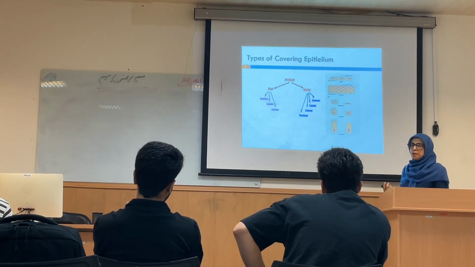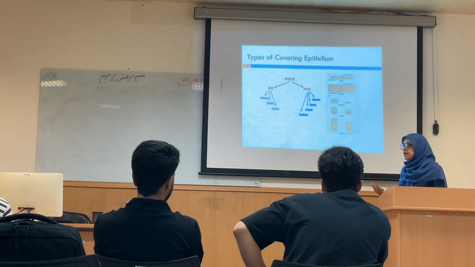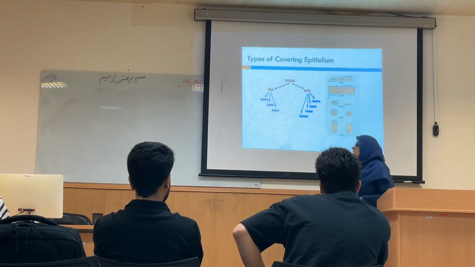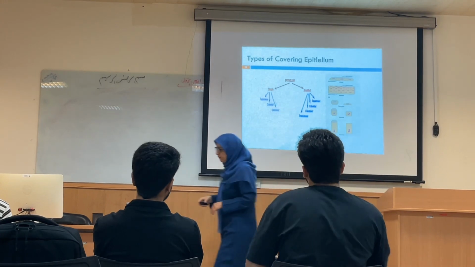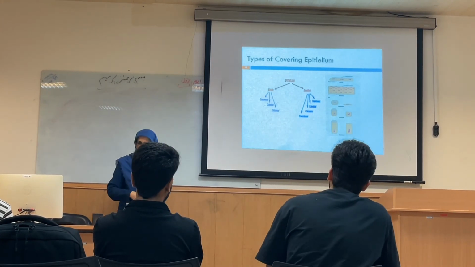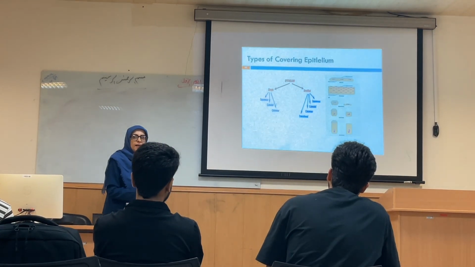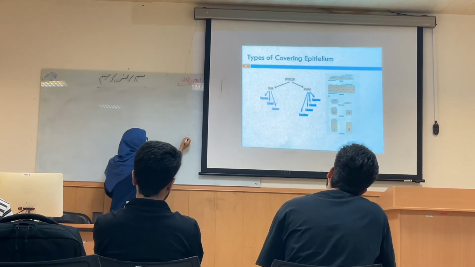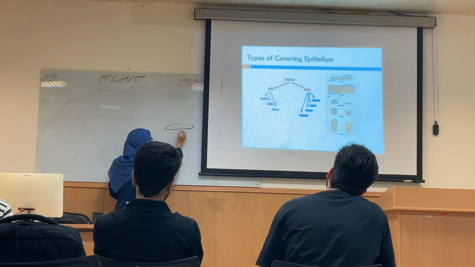Under microscope, as I said to you yesterday, we can see mostly the nucleus. And for identification of the cell type, we should notice the shape, the nucleus shape. Squamous cells are flat cells.